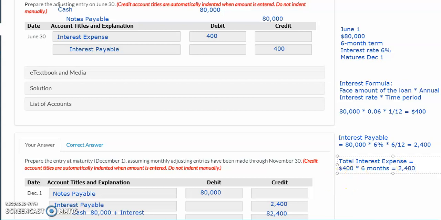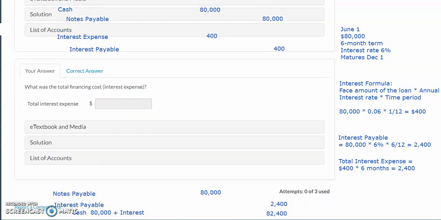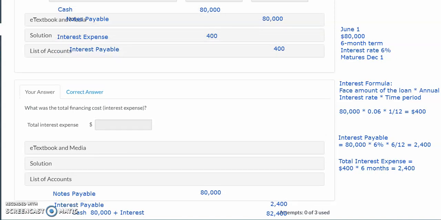And you'll include that in the very last box. So I'm going to scroll down so you guys can see that very last box where it's asking you for the total financing cost, and that's where you're going to include in the $2,400 in that box. Thank you for taking the time to watch this video.